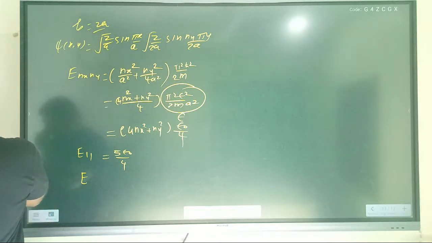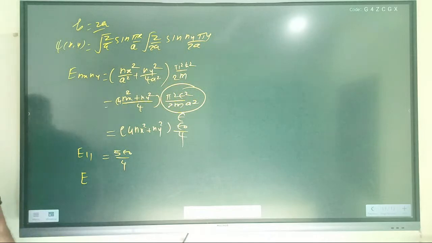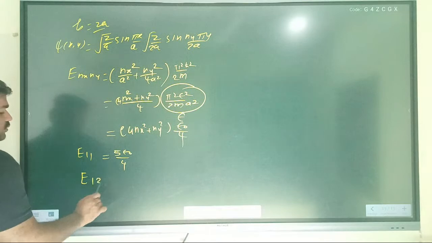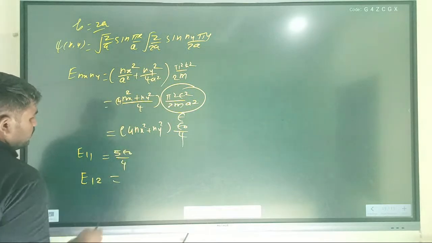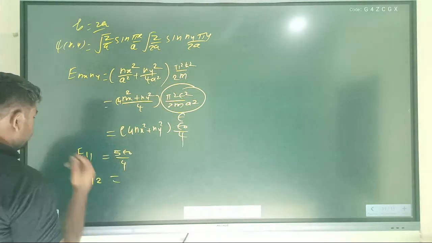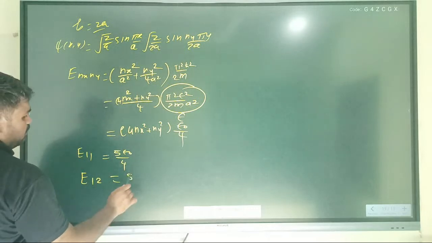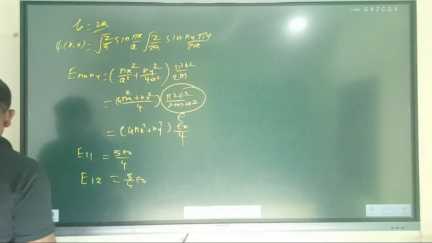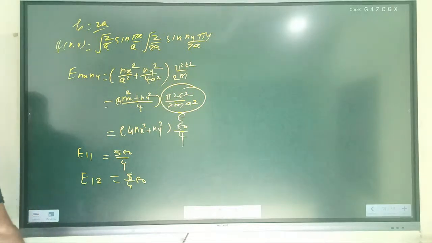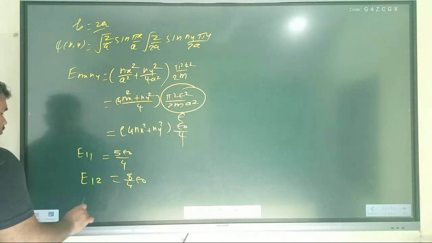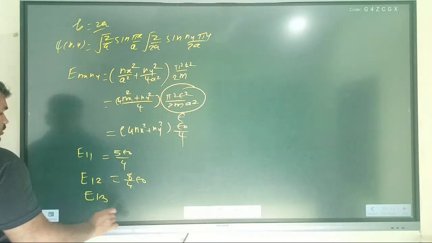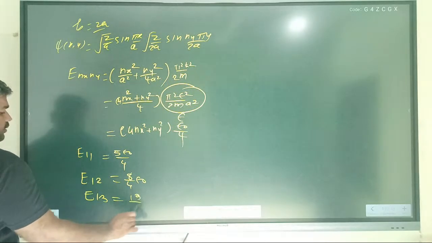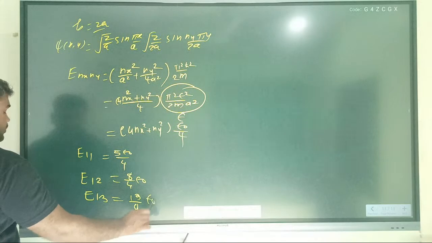But when we have to write in increasing form, then after 1 1, next we have to write 1 2. Don't write 2 1 because if we write 2 1 then it will be larger. Okay, 4 plus 4 is 8, means this becomes 8 by 4 epsilon naught. Clear? Next, if we write 2 1, this becomes larger. So you can write down 1 3, 9, means this becomes 13 by 4 epsilon naught.